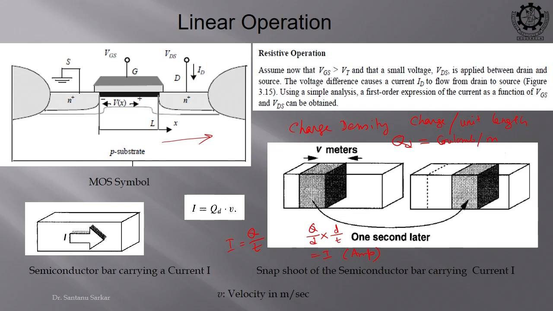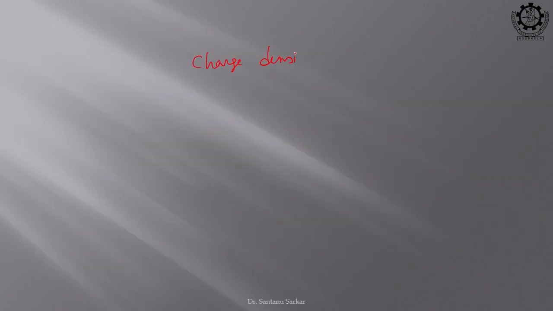So, how are we progressing? We are considering charge density. What is this charge density? It is charge per length. So, what should our total current be? Current should be QD into v, where v is the velocity at which the unit chunk of electrons we have considered is moving. Clear?